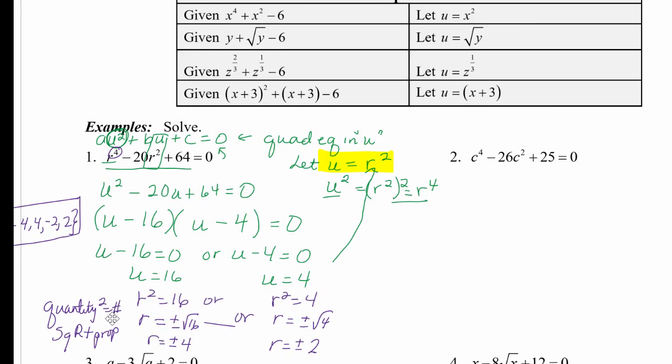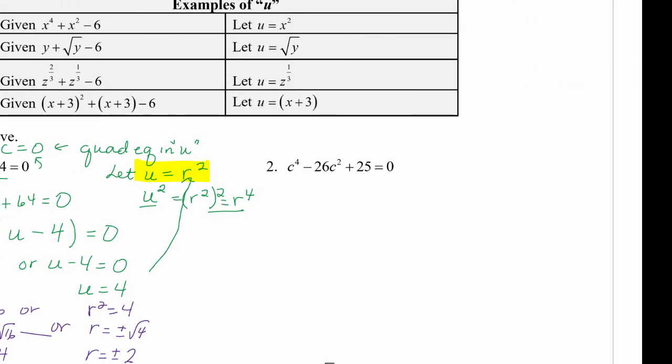So the next one's similar, isn't it? c to the 4th minus 26c squared plus 25. So let's go ahead and do that. And again, if I put my quadratic right on top of my problem, I can see that the u is going to be c squared.